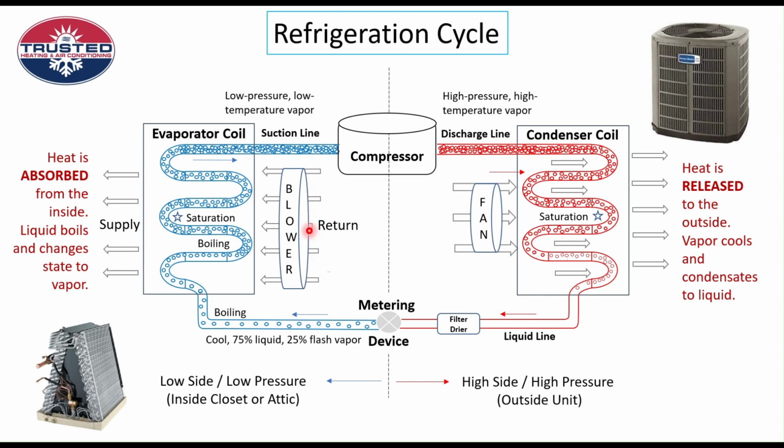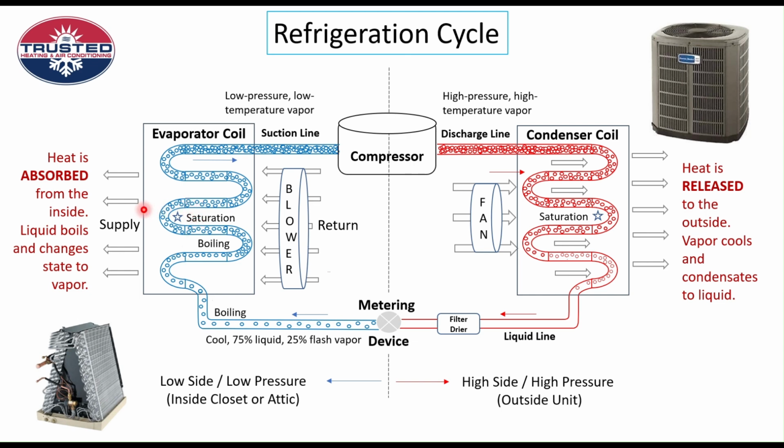So the blower pulls the air in and blows it across this coil, which is running at about 40 degrees, and the heat, both sensible, that you feel, and latent, that is humidity or hidden heat, is picked up in this refrigerant and carried away.